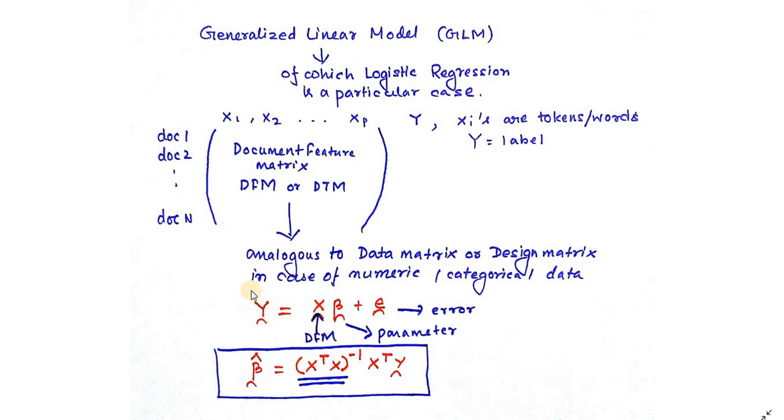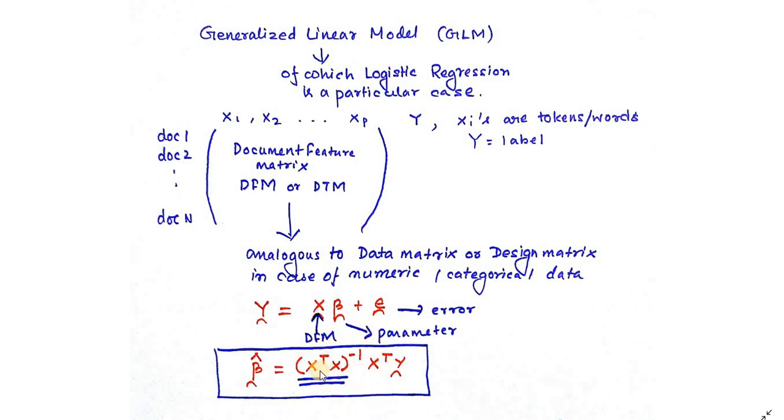Okay, so from this equation, the parameters or the betas are estimated using this expression. I'm skipping some matrix algebra here, but it's sufficient to know at this time that the parameters are estimated using this expression. And there is a particular reason why I have put a double underline under this part.